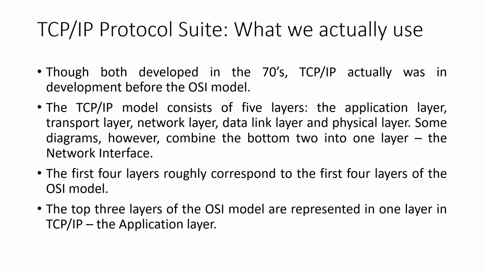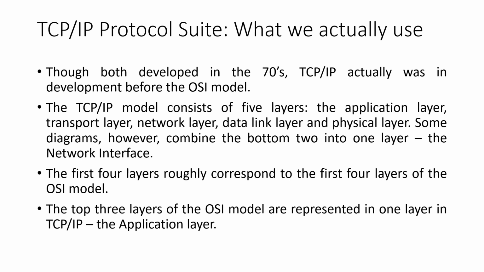The OSI model has been used for years to describe how networking can occur and to describe the process of encapsulation. It, however, is not really used in the real world. Instead, the majority of networks on the internet use the Transmission Control Protocol / Internet Protocol, or the TCP/IP protocol suite.